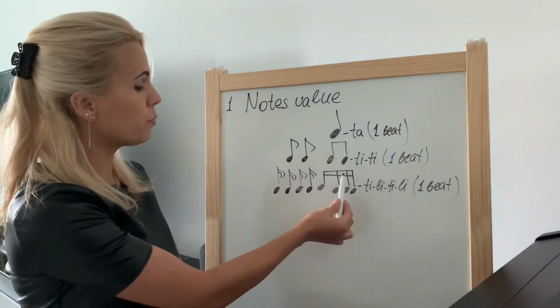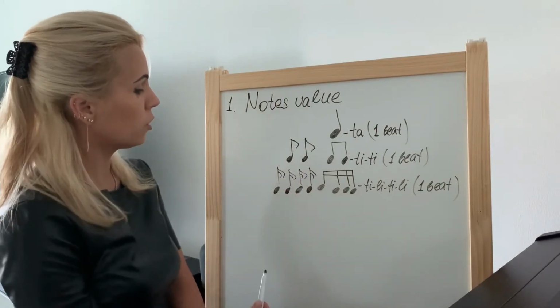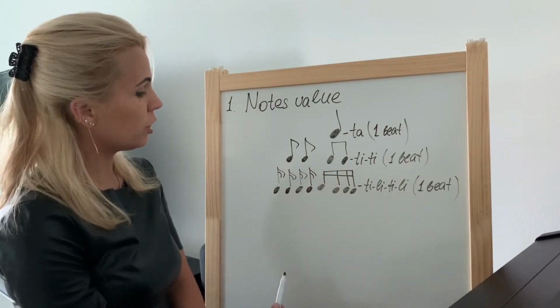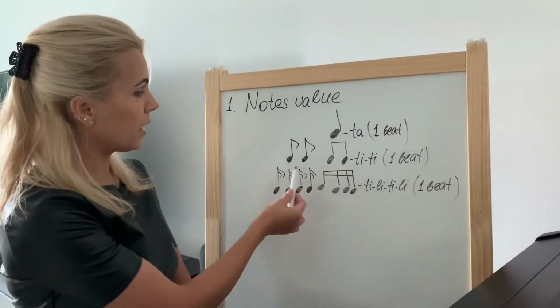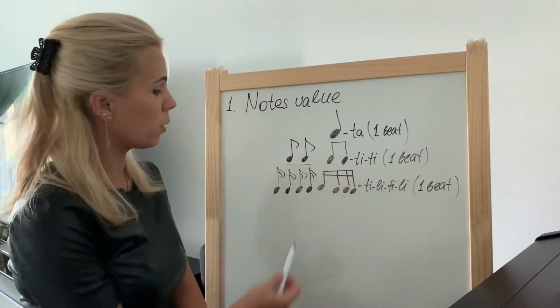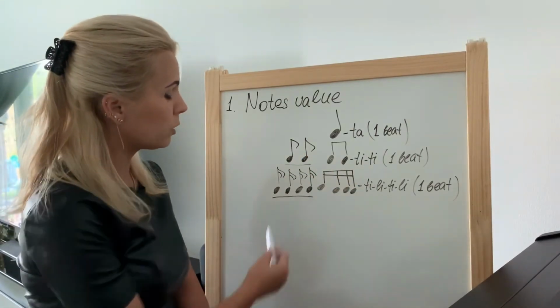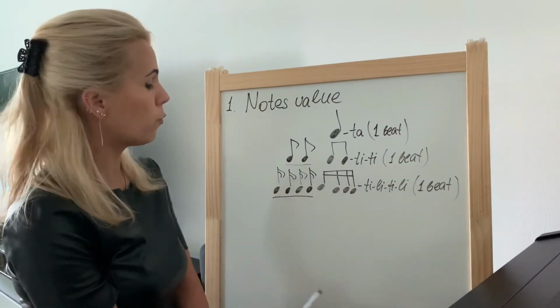So the amount of beams creates the amount of tails on each note. So they still have the same lengths. So two tt written separately are still going to go for one beat, and tilly tilly, your semiquavers, are still going to go for one beat.